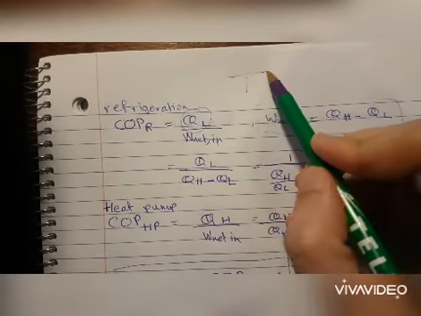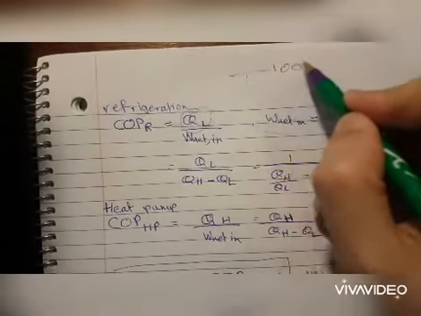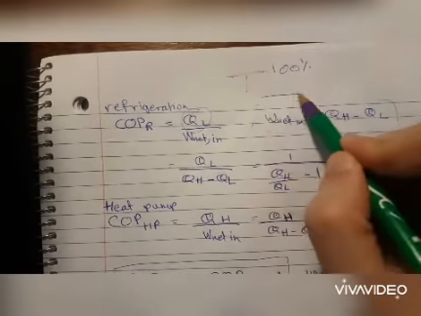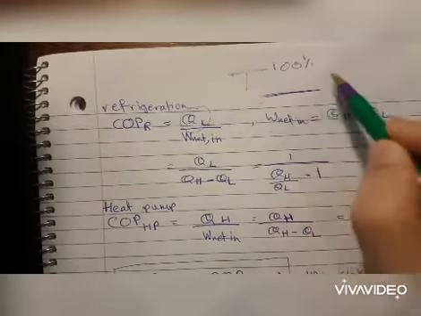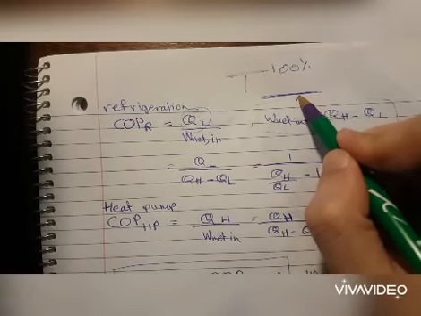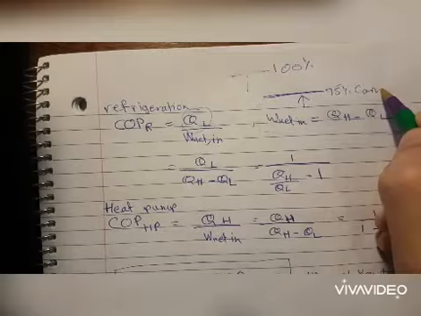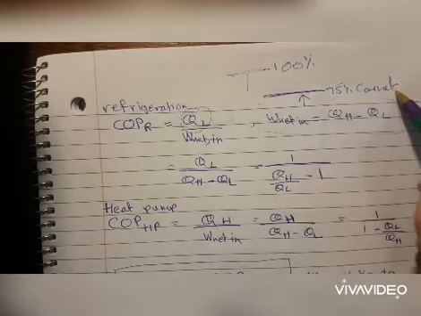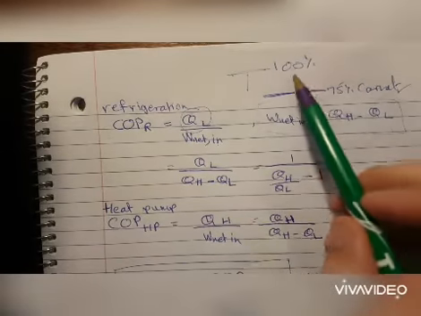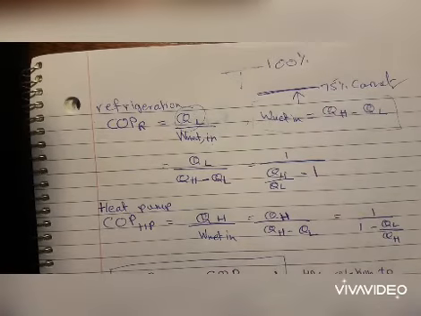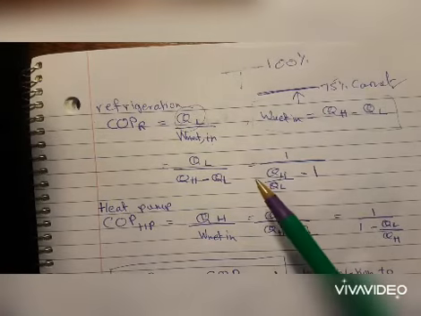It can never reach 100%, but it gives us a realistic ceiling that is possible. Let's say that is 75% Carnot. That is the physically possible limitation of a refrigeration, heat pump, or heat engine.